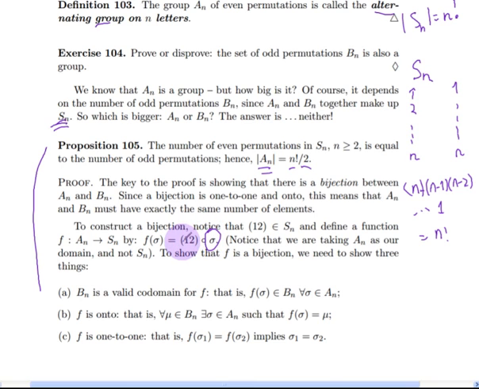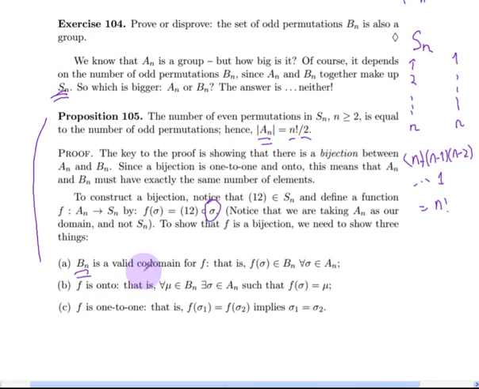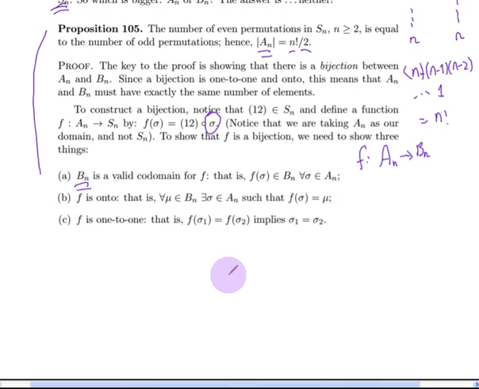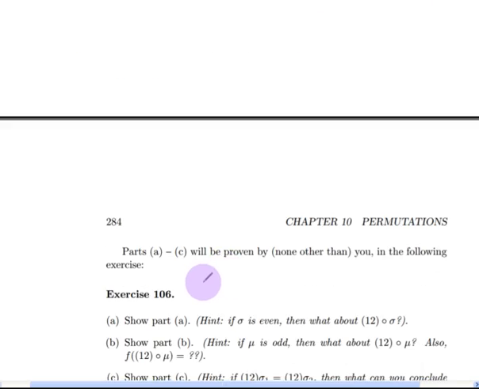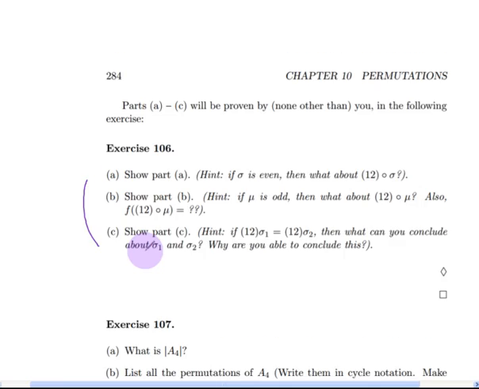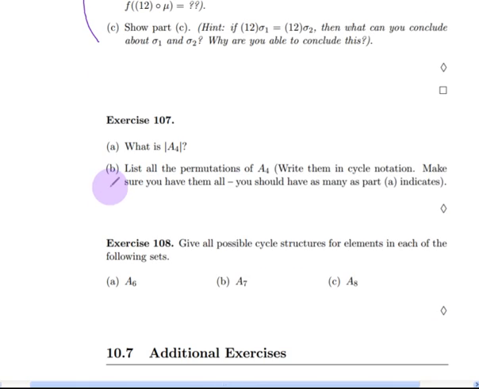Now, when we consider it as a function, you want to show that, in fact, this is a bijection from An to Bn, that the range of f is, in fact, Bn and not Sn. Okay, and then you have to show that if you restrict f, so you consider f from An to Bn, then we do indeed have a bijection. And this is what you're going to do in this exercise.